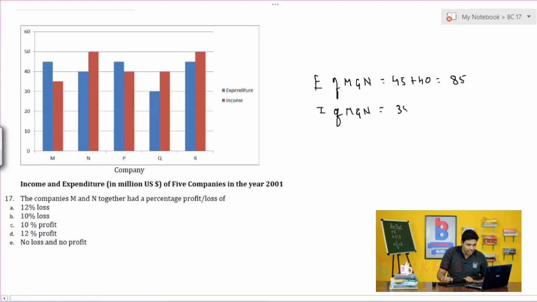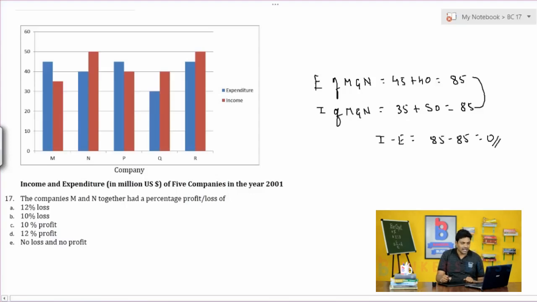That is 35. Next, what is the income of N? That is 50, which is equal to 85. See here, both income and expenditure are the same. Therefore, income minus expenditure is equal to 85 minus 85, which is equal to 0. Means no profit, no loss.